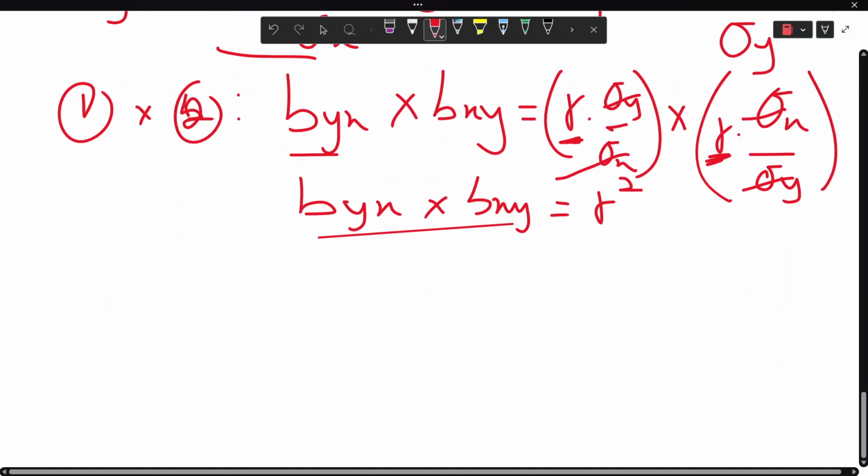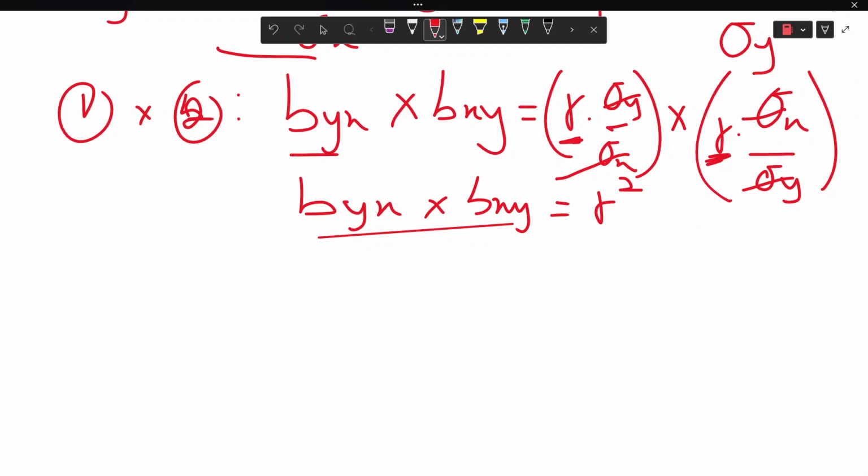Another thing that you should also notice: given two regression equations and you're being asked to find your r, there's no way they'll give this one to be positive and this one to be negative. No, no. If they are all positive, they are all positive. And if they are all negative, they are all negative.